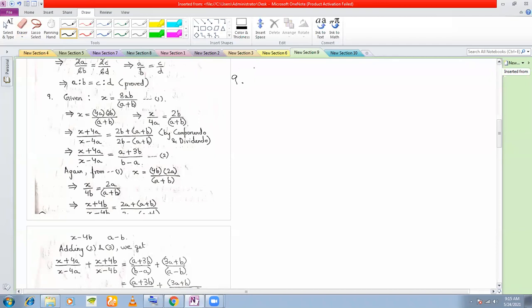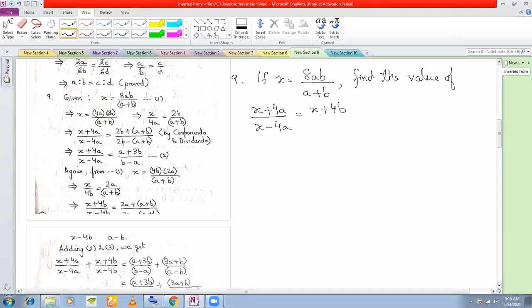The question here is, if x is equal to 8ab by a plus b, find the value of x plus 4a divided by x minus 4a is equal to x plus 4b divided by x minus 4b. Okay, this is the value that you need to find out.